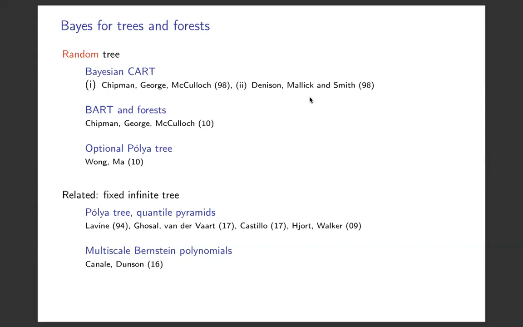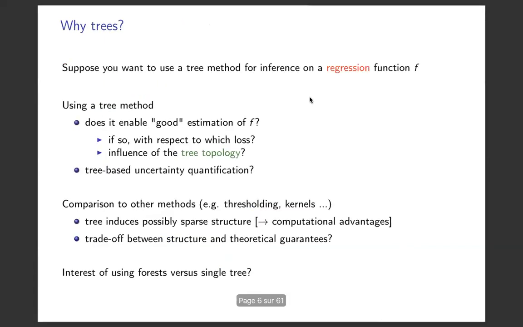There are two famous versions, which we are going to describe in more detail. And there are ensemble versions like BART. Let me also mention in density estimation, the optional Polya tree, which will come in a bit later in the talk.